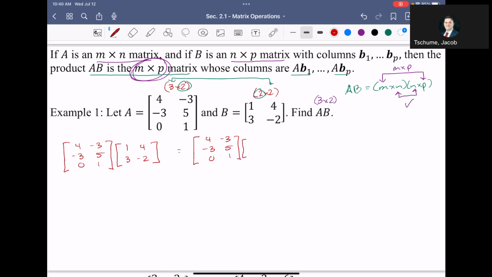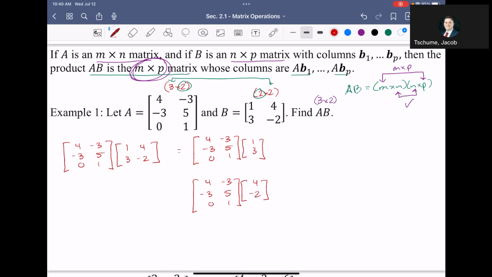And we're going to multiply it by just the first column. And then right below it, I'm going to do the exact same thing, but multiply it by the second column. So each of these is going to generate a column, which is going to be a column in your final matrix.